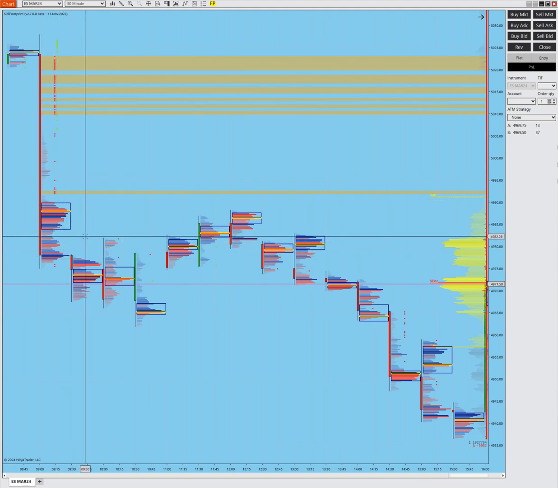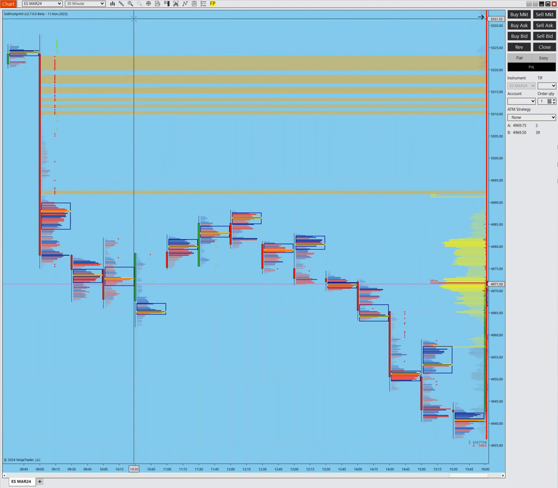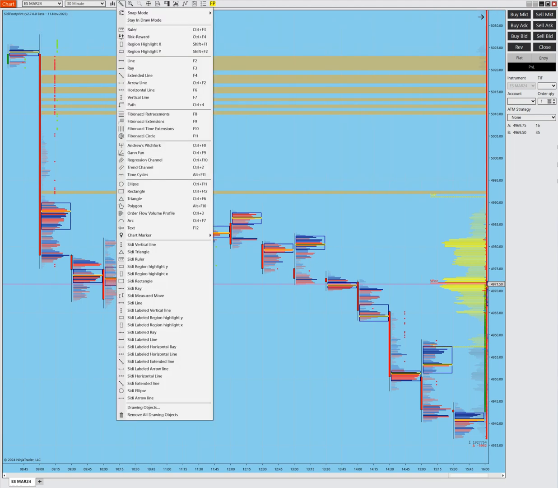So the big thing that really kind of shocked me, as you can see, as we dropped after the report, this area right here, where this box is, this became an area of interest for me.